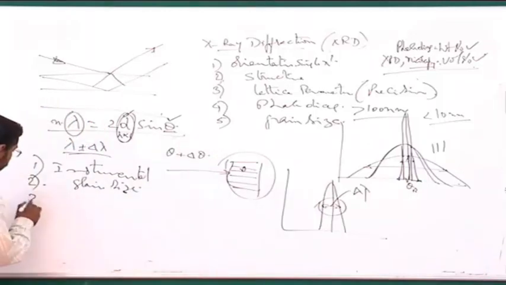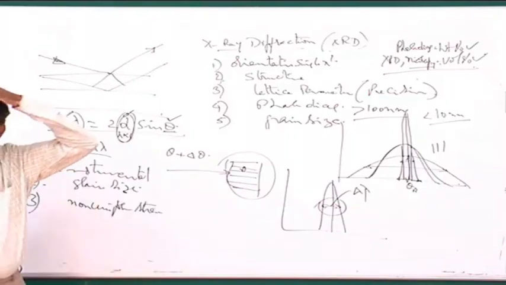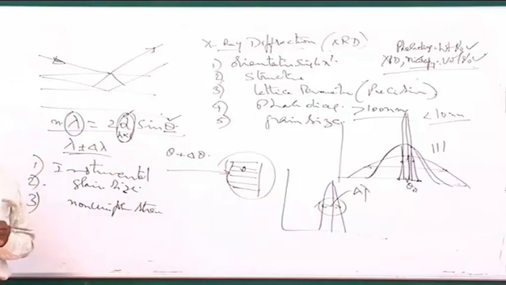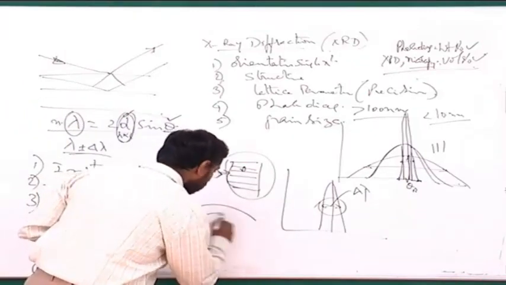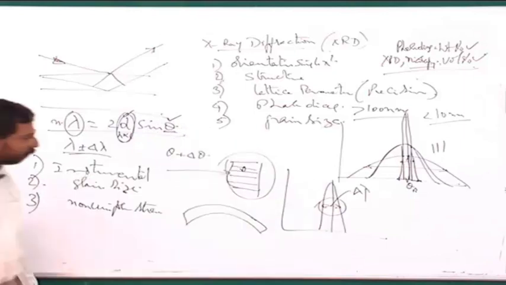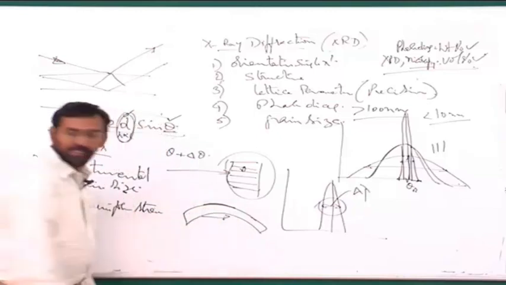The third thing is what is called non-uniform strain. If your sample has some strain in it, let's say there are atomic planes which are bent like this, then there is a compression on this side and a tension on this side.